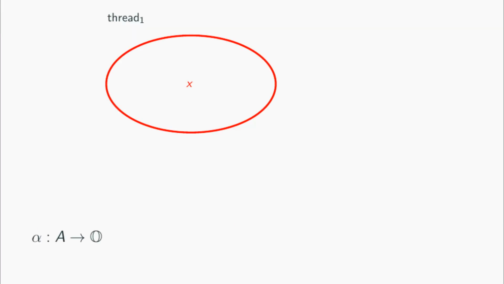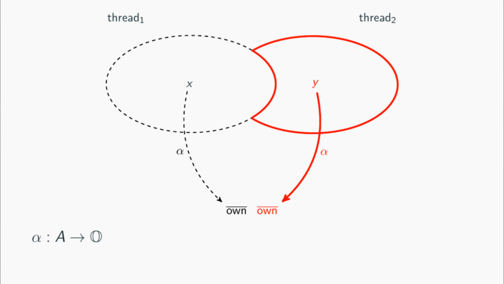As an example, take a function alpha that takes private state of a thread and computes lock ownership. Consider a thread 1 with its private state x. Say the thread does not own the lock. Now, there is also thread 2 with private state y. We can use alpha to compute ownership of the lock for thread 2 as well.